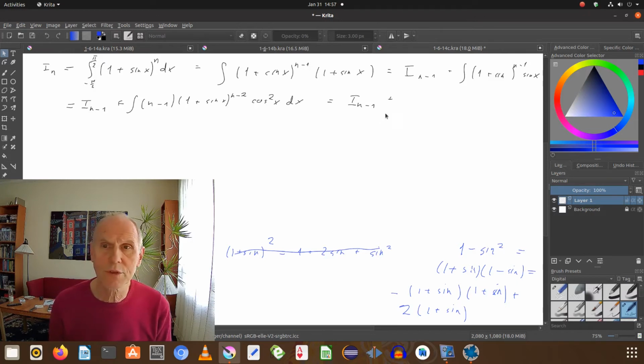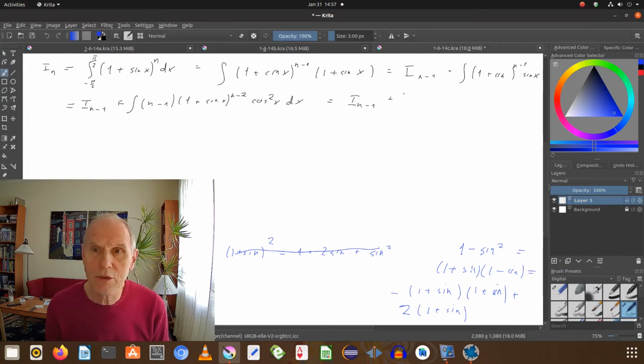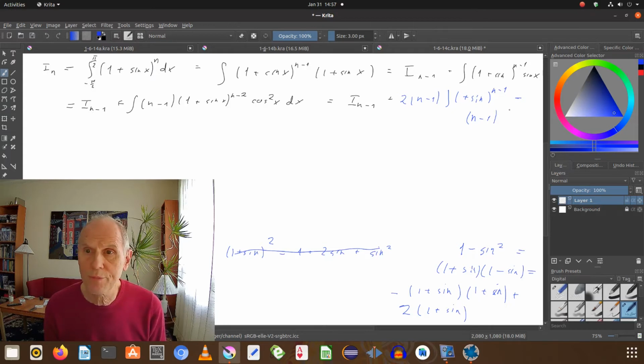So we take this guy first. We just do it in blue as this down here, plus 2, and then 1 plus sine, n minus first, and then minus n minus 1 times the integral of 1 plus sine to the nth. Go black again.